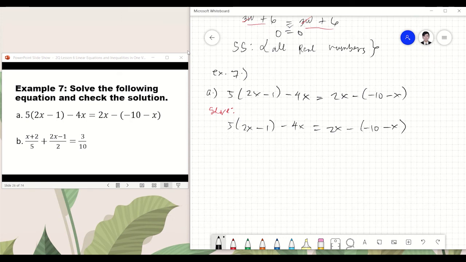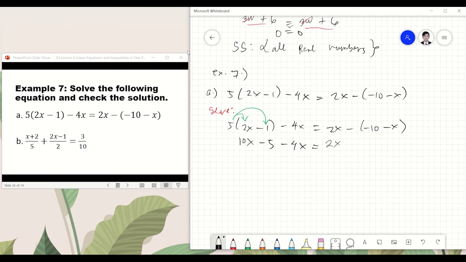So, start tayo sa left side. So, meron tayong 5 dito multiplied to the binomial 2x minus 1. So, i-multiply natin si 5 to 2x at saka negative 1. So, distributive property. So, 5 times 2x, 10x. 5 times negative 1, negative 5. Dito naman sa ating right side, that's 2x minus the quantity of negative 10 minus x.